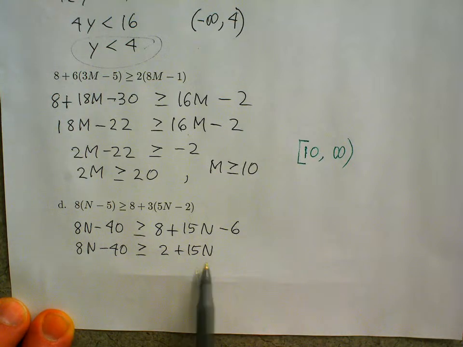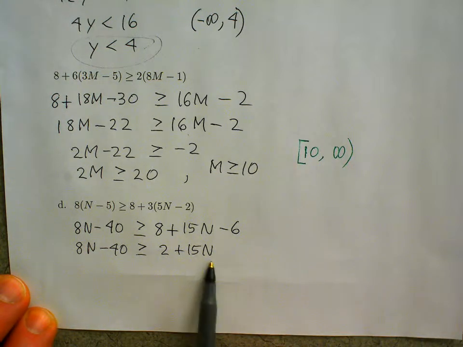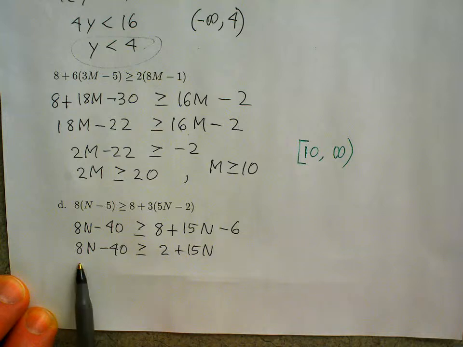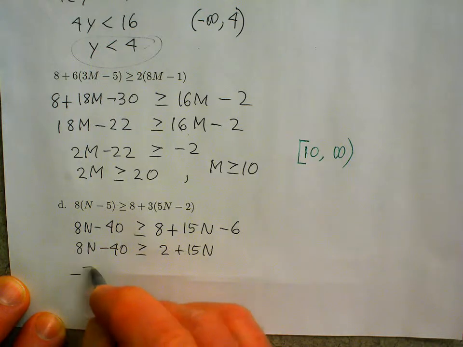Okay, let's start by subtracting 15n from both sides. Be careful with negatives. So 8n minus 15n is negative 7n.